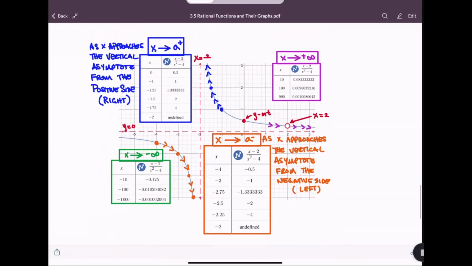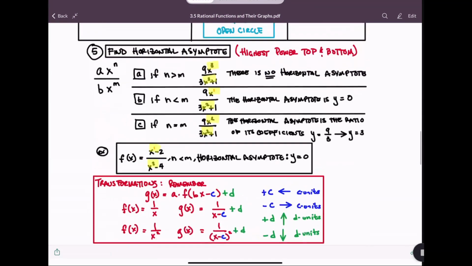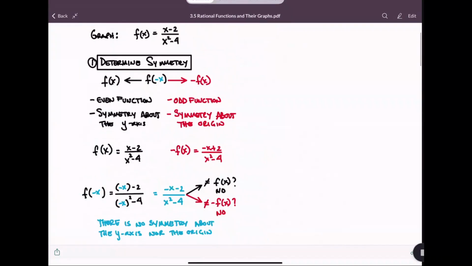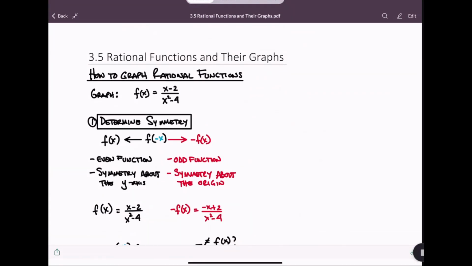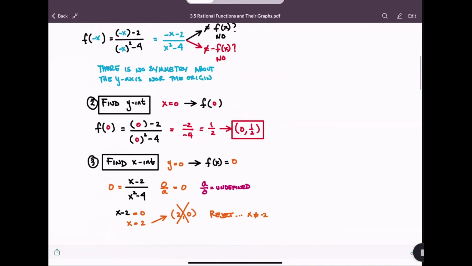So you're going to have graphs that look like this. And with that, you're going to have to bring back symmetry, which was the even odd functions from exam 2. Oh, look. We're going to have to find x and y intercepts.